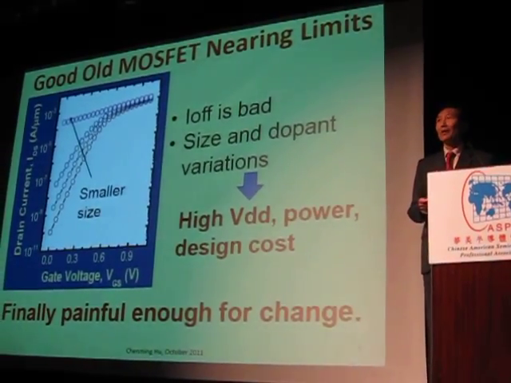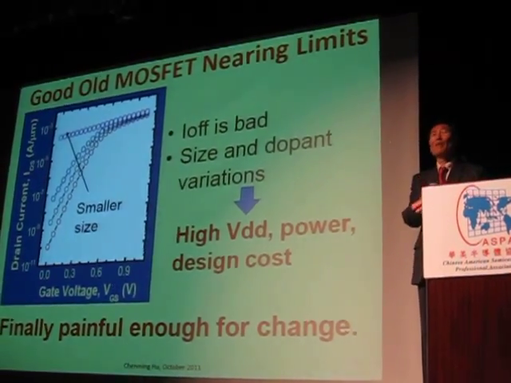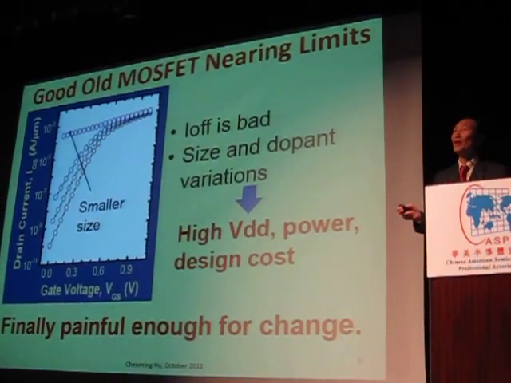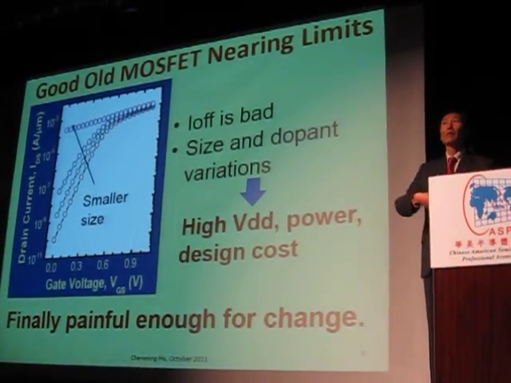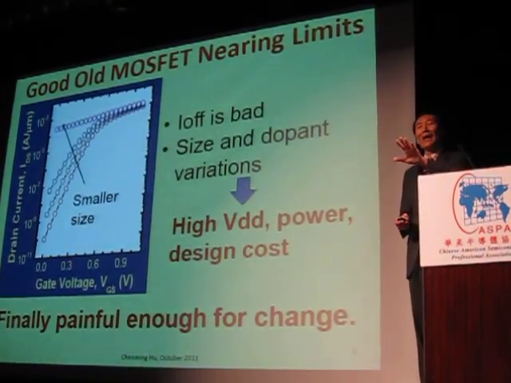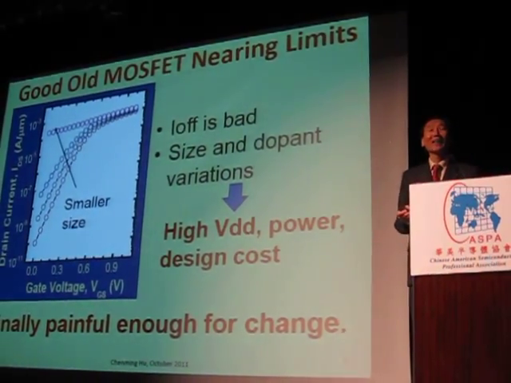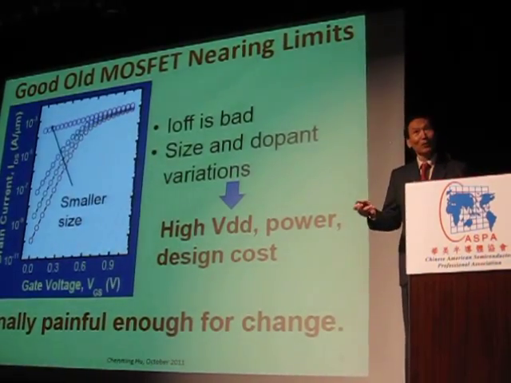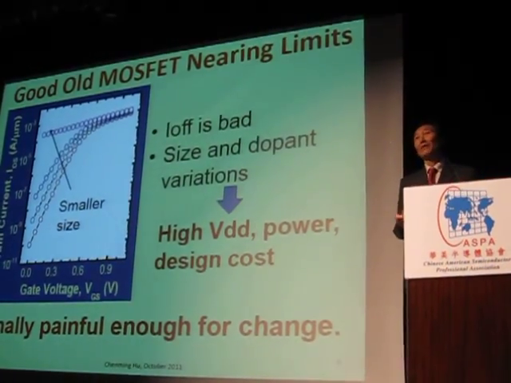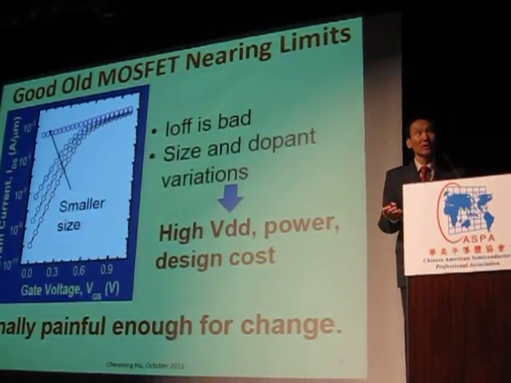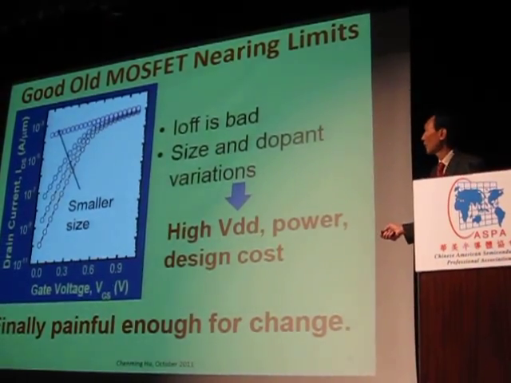Now, when you put 10 things on average into a billion buckets, the average you can control very well to be 10 in each bucket. But because it's randomly distributed, you simply throw these atoms by ion implantation into 10 billion buckets. Within each bucket, it could be 10 most likely, but some will have 9, some will have 11. They're not too bad, but those with 5 and 15 will have very different characteristics than what you really want. So that's the problem that's causing a lot of device variation.